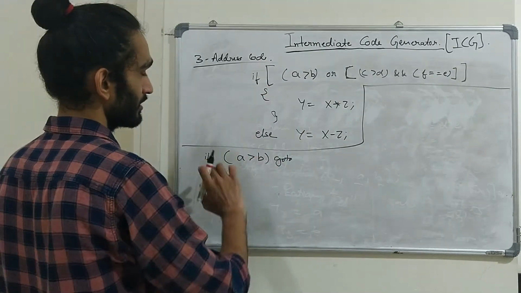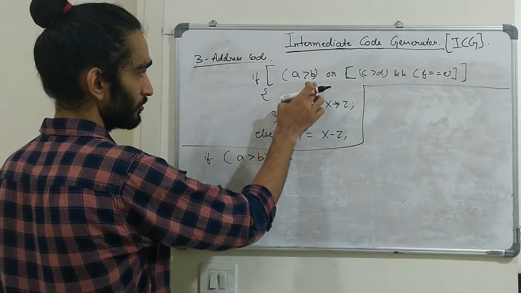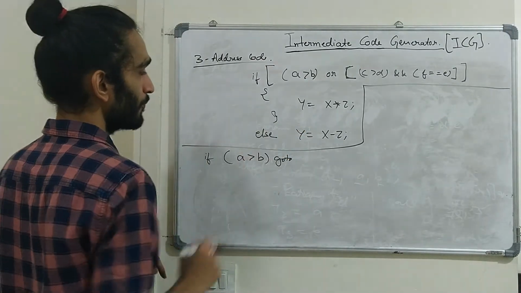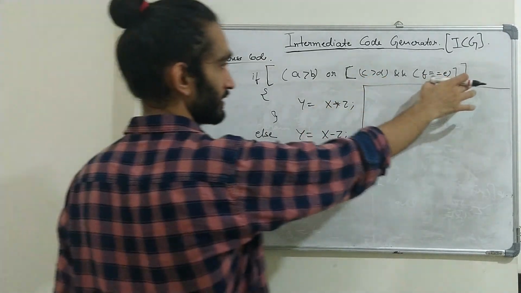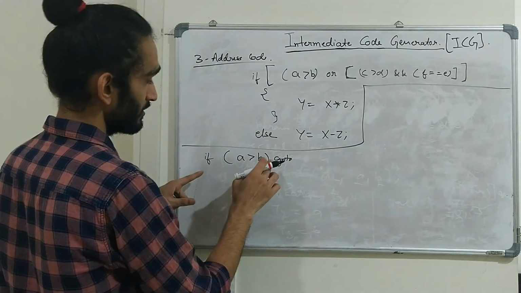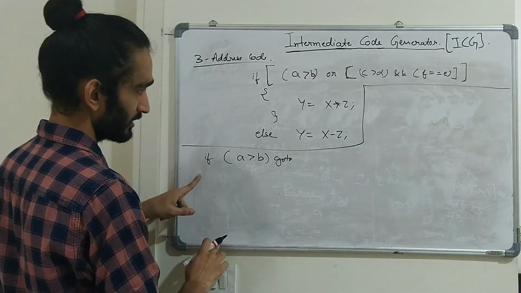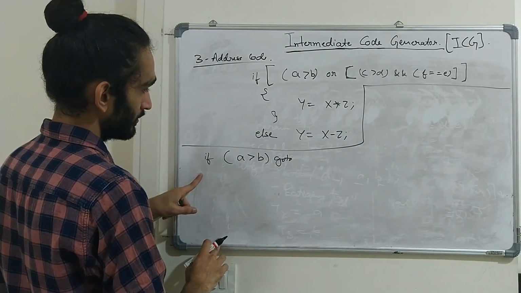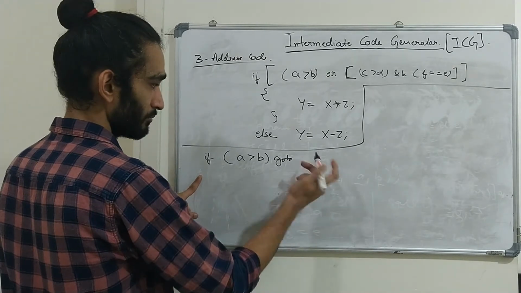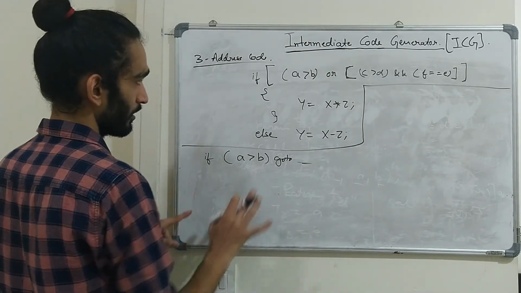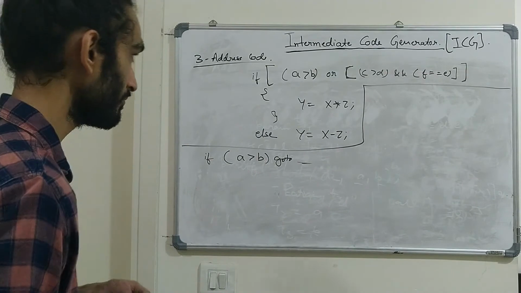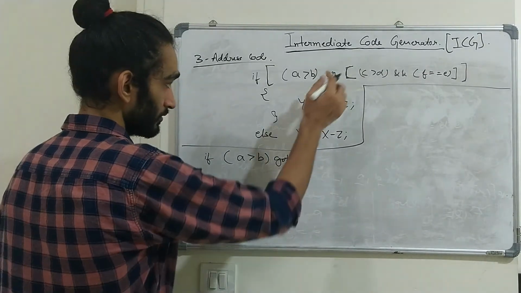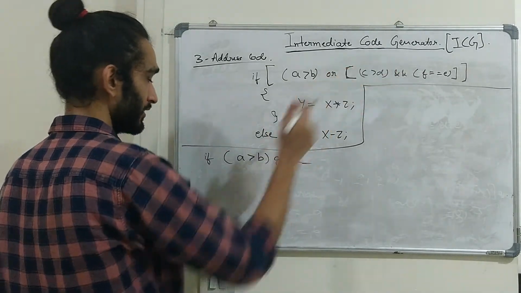So if this is going to be true, then I don't need to check this. I don't need to check the further statements, so I directly jump to some label and I won't write it in here. Now, if this is going to be false, then I need to check this.